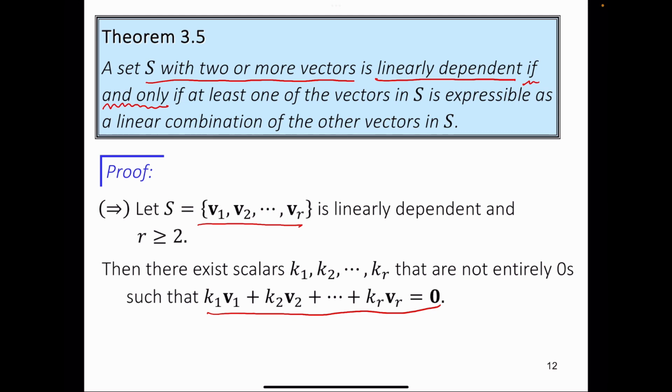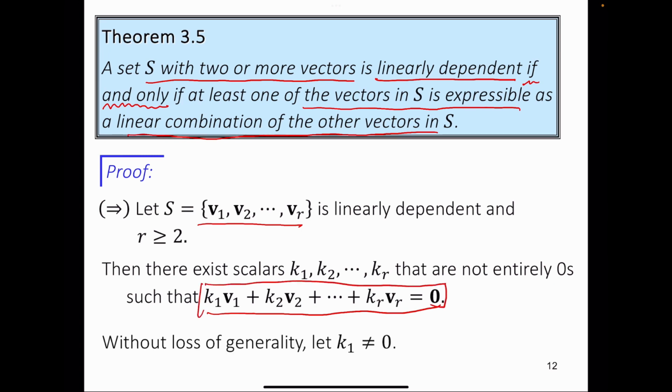Bear in mind we want to show the existence of one vector in S such that the vector can be written as a linear combination of the other vectors in S. Before that, I have to remind that we have many cases for the non-zero value of the scalars.